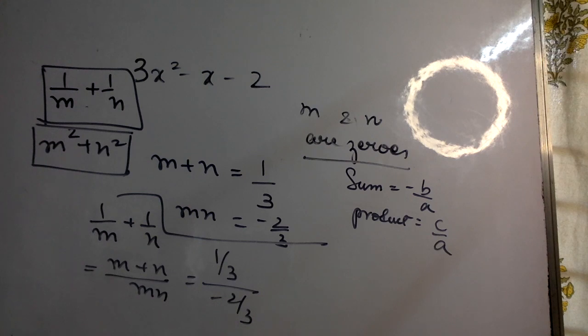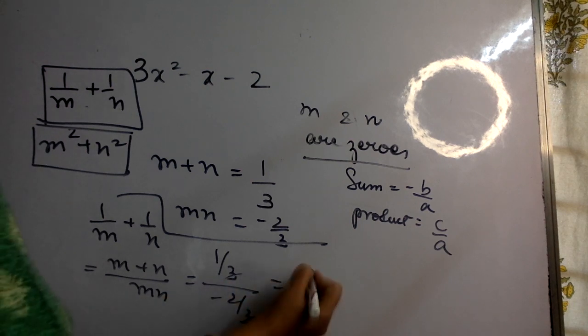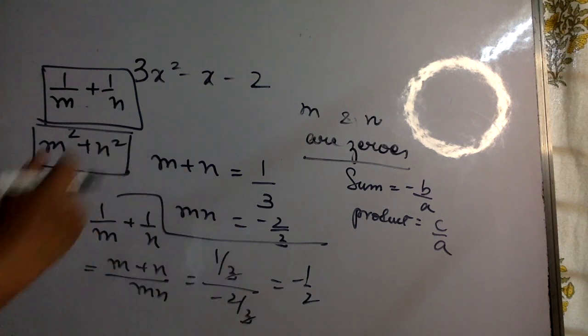So what do I get now? 1 by m plus 1 by n is coming to a minus half because this 3 and 3 will cancel. This is minus half.